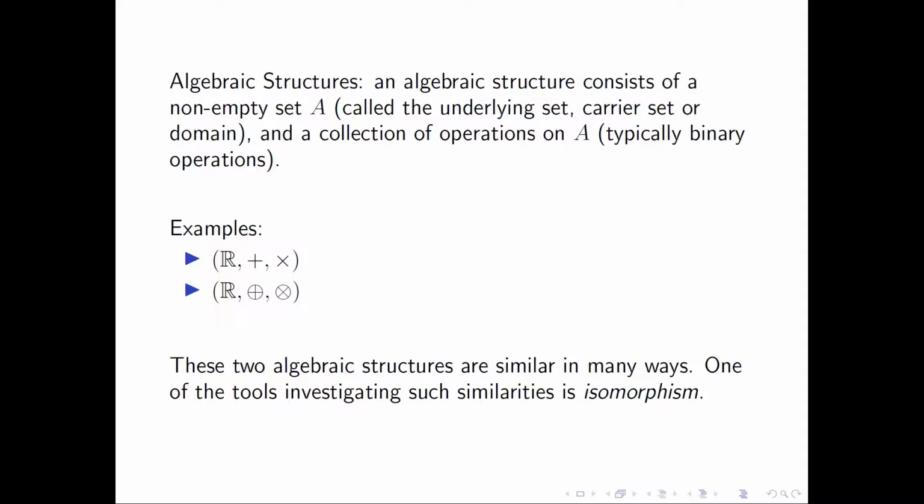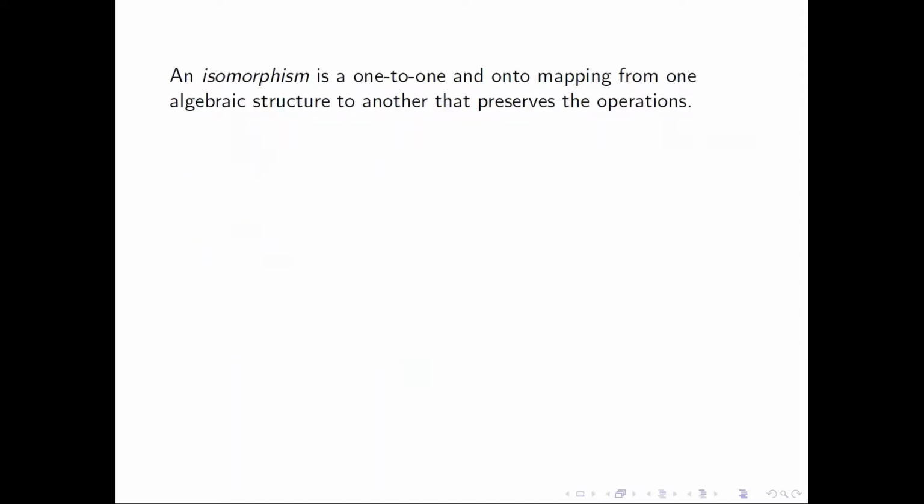One of the tools for investigating such similarities is called isomorphism. An isomorphism is a one-to-one and onto mapping from one algebraic structure to another that preserves the operations.